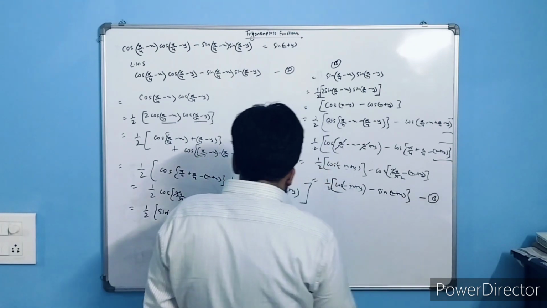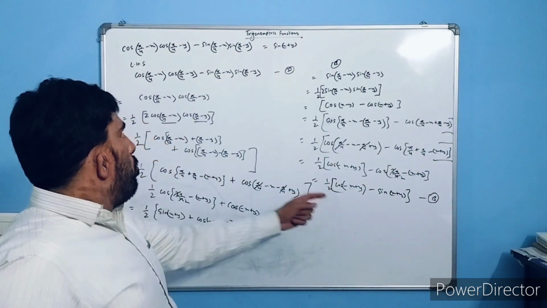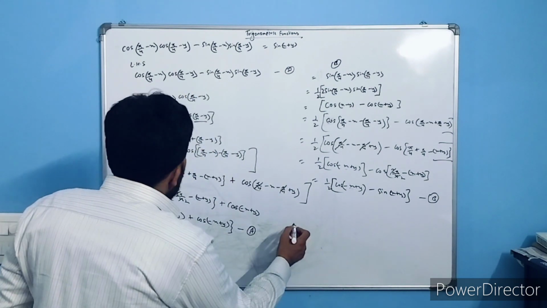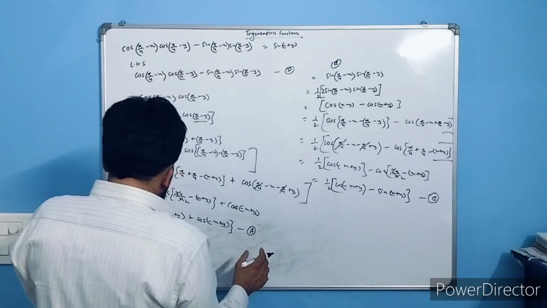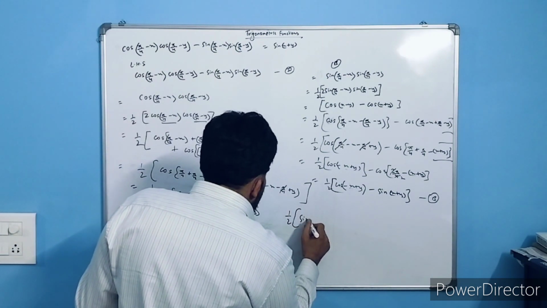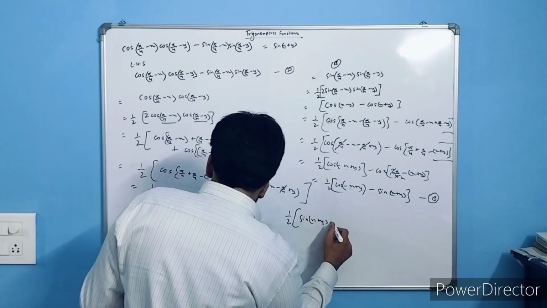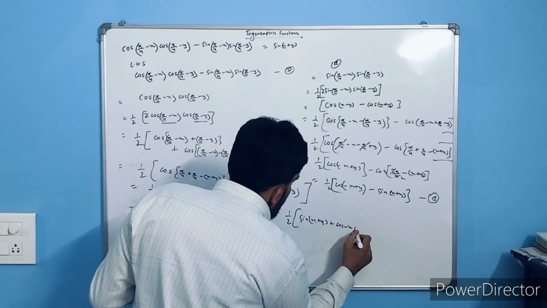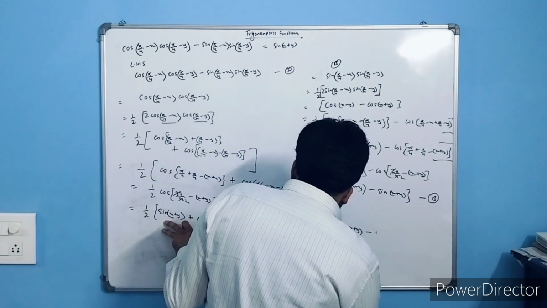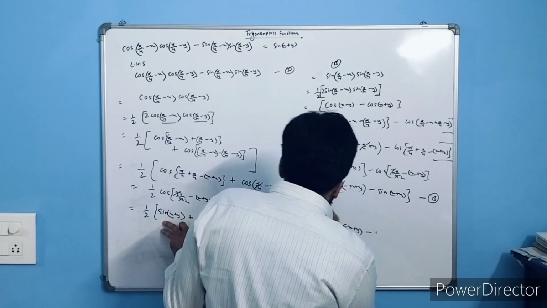Now put these two values here, A and B. So what I will get here is this one. I will take half common. I will put here sin(x+y) plus cos(−x+y). Here minus half I have taken outside, so minus is there.